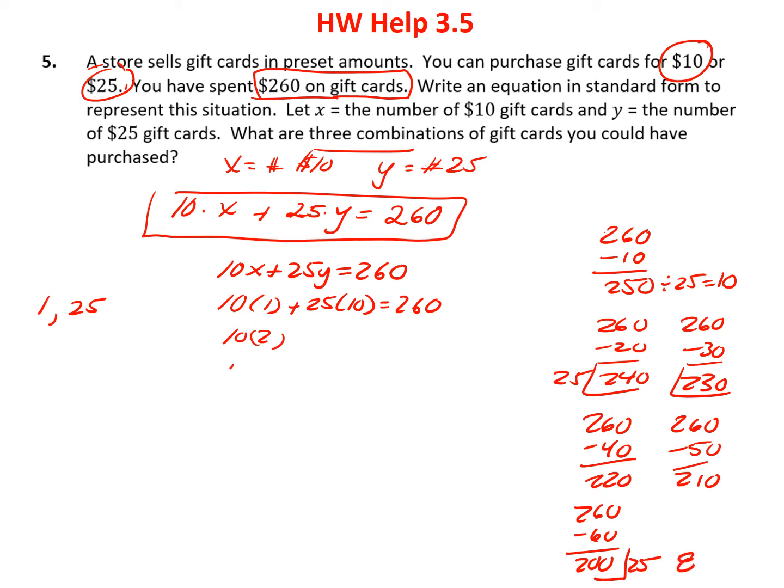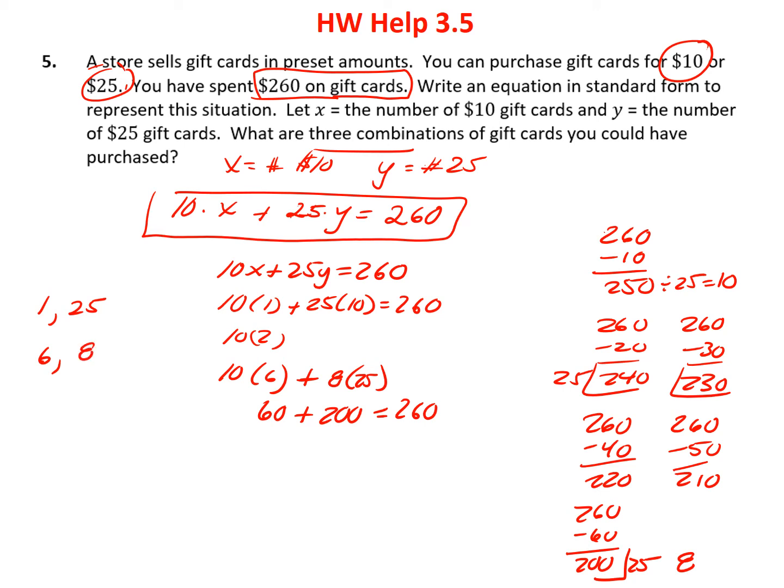So in other words, we can have 10 times 6 of these, 60, plus 8 times 25. That's going to give us 60 plus 200, and that equals 260. So another solution here would be when we buy 6 of these, and then we buy 8 of these.